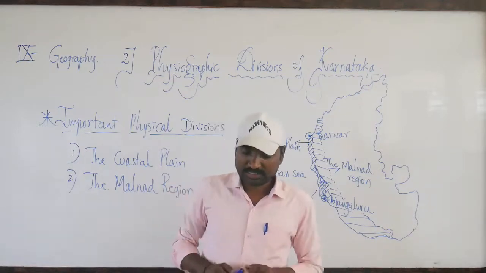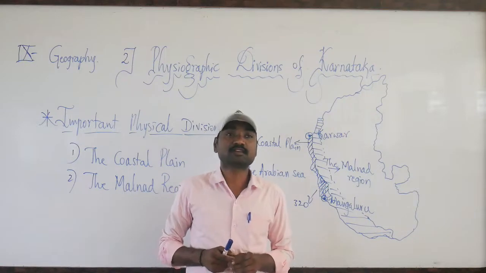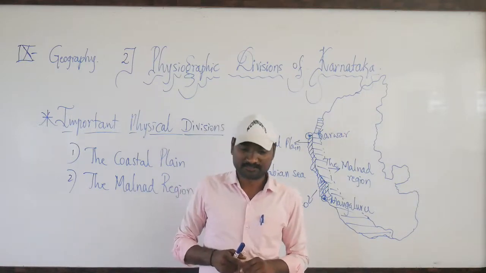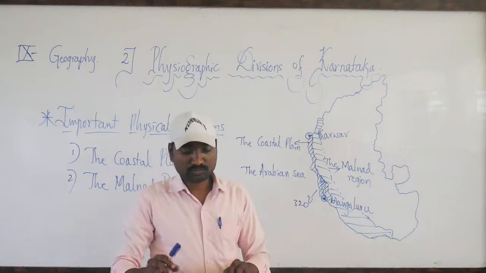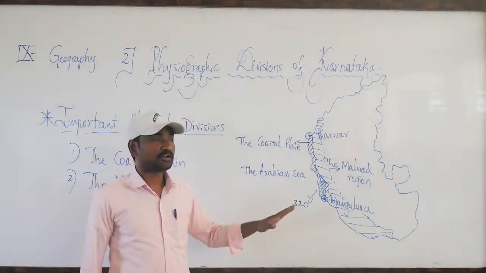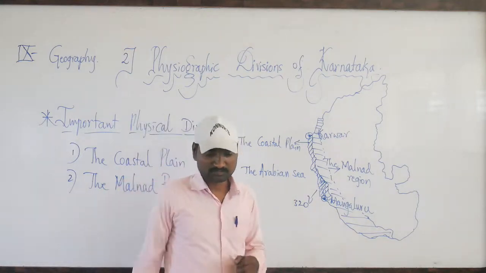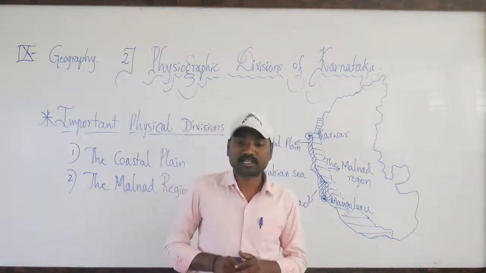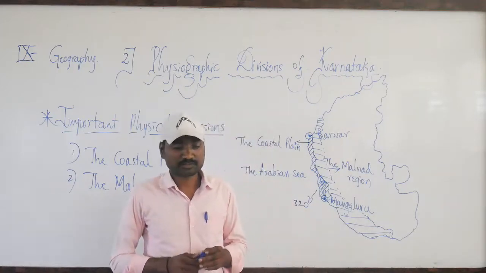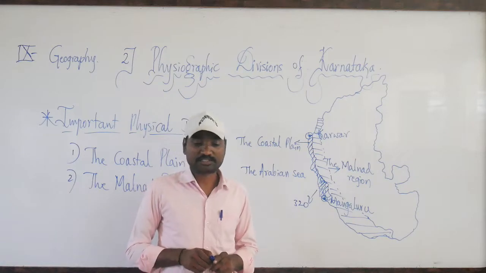It is referred to as the land of hills also. Those hills are called the Sahyadris. They run parallel to the coastline from north to south. They have steep terrace-like slopes in the west and gentle slopes to the east.